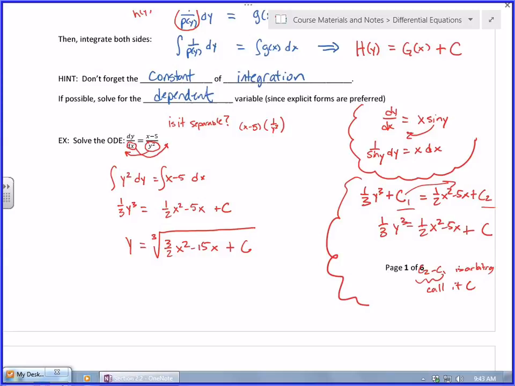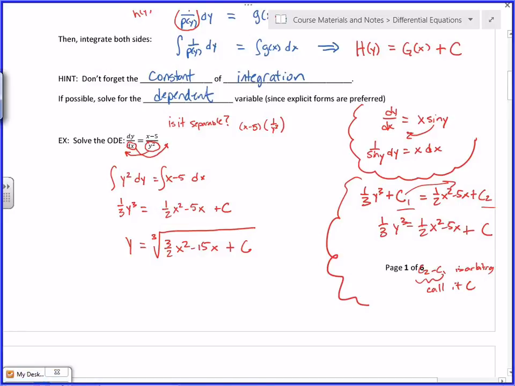Technically, what I should be doing along the way is exactly what I did over here on the right-hand side. If I was formally writing this out, I'd say let c equal c2 minus c1, and then plug that c in. And then over here, I might call this c prime, where c prime is actually 3 of the c that I was talking about over here.